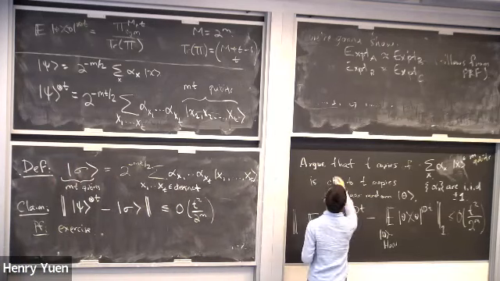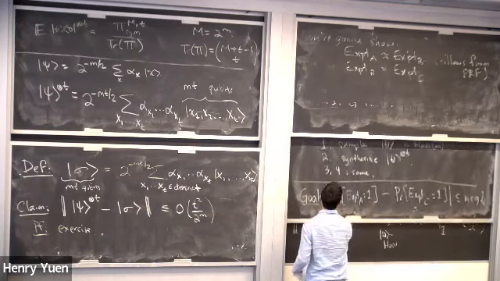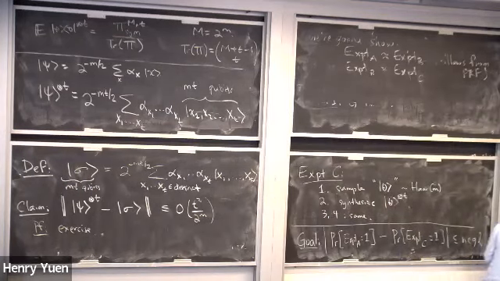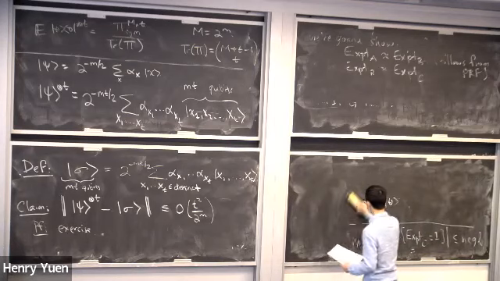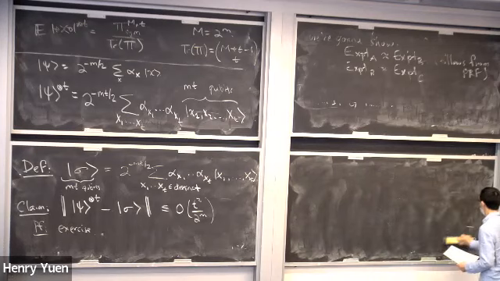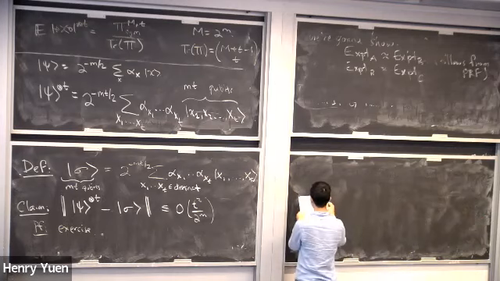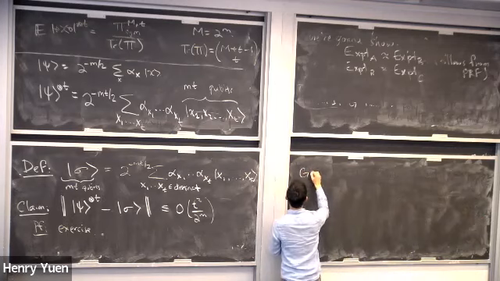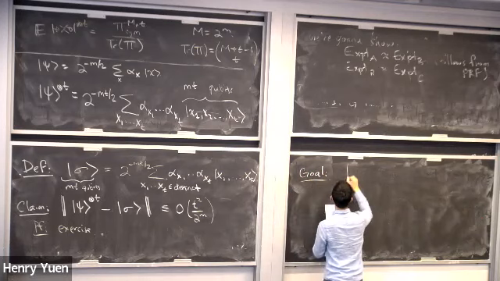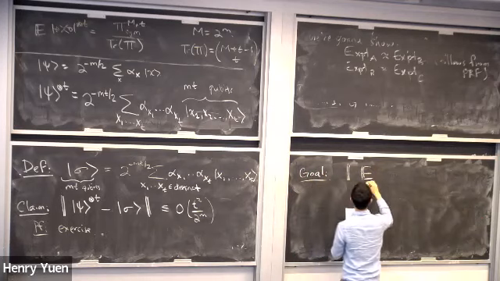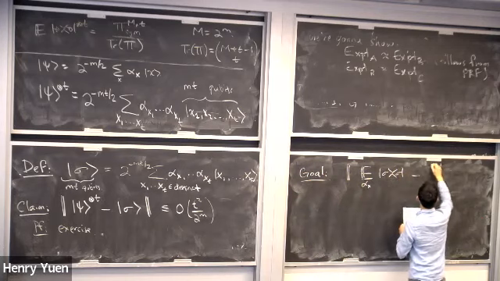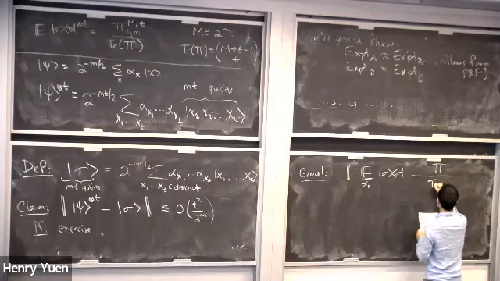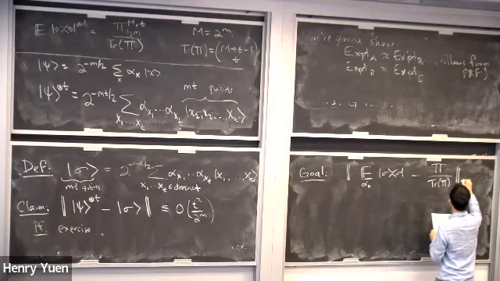Now our goal is to say that this expectation over the alphas of sigma is close to our symmetric subspace projector, normalized.